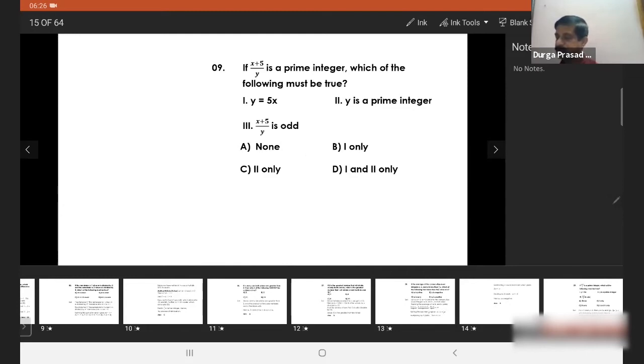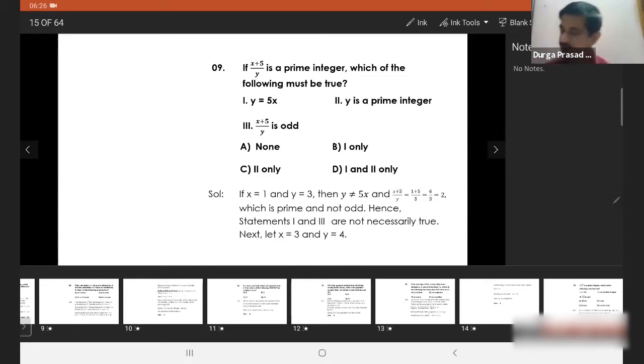So (x plus 5) by y is a prime integer. Which of the following must be true? For example, let us take x is 1 and y is 3.